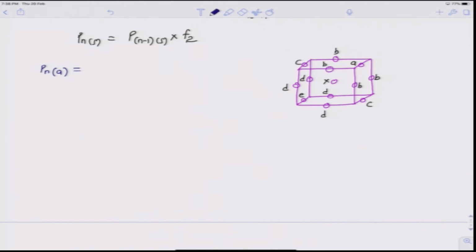So, this would be 4 times P n minus 1 of B times F2.